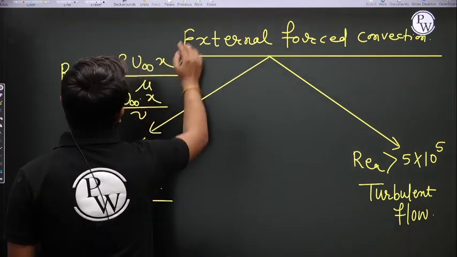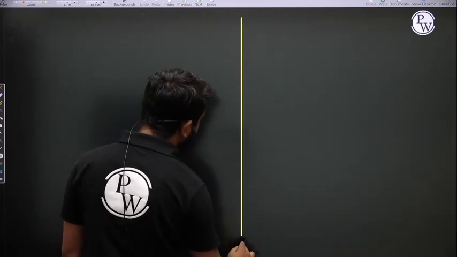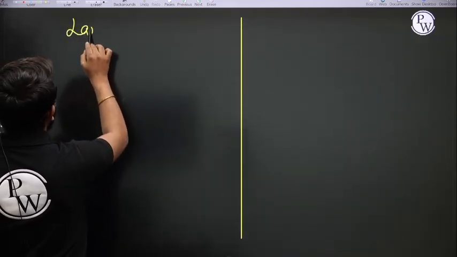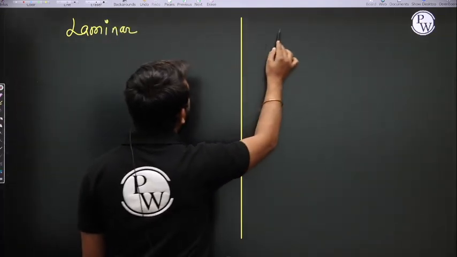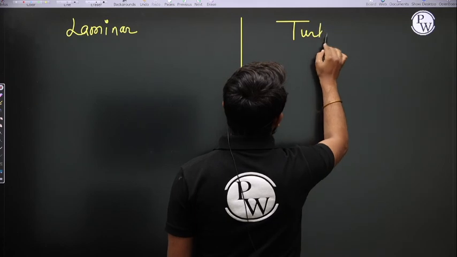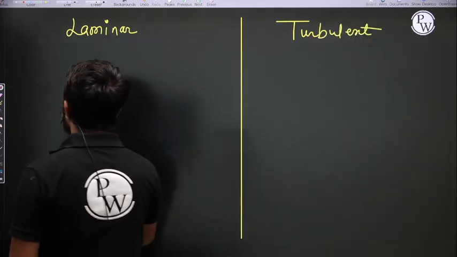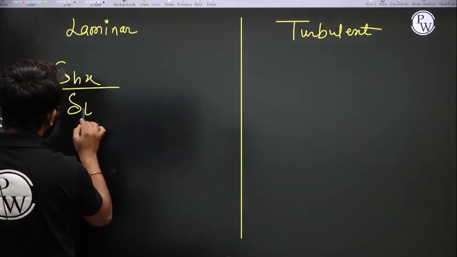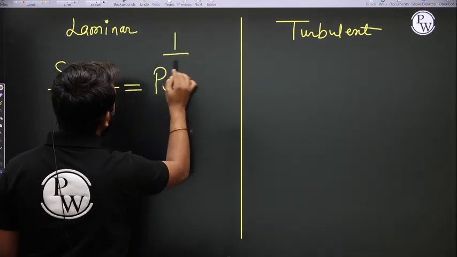So what is the relation between the hydrodynamic boundary layer thickness and the thermal boundary layer thickness for laminar flow and for turbulent flow? If flow is laminar, then delta_Hx to delta_Tx is equal to Prandtl number to the power 1 by 3.